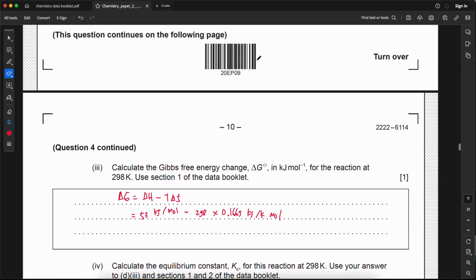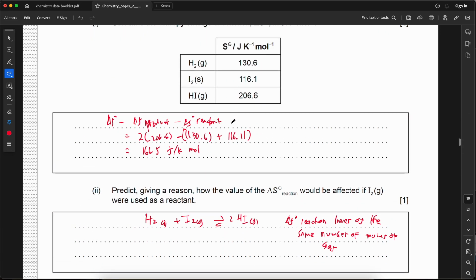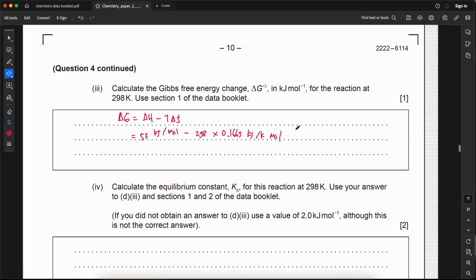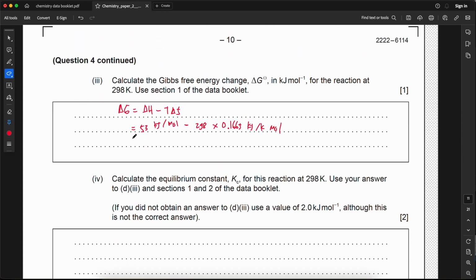So delta S, we got it from here, and for delta H, it's known. Okay, so delta S is in kilojoules, and delta H also is in kilojoules, so they're good. You get 34 kilojoules per mole.